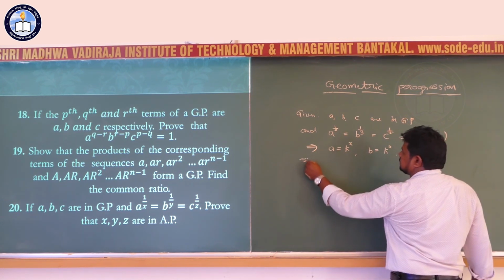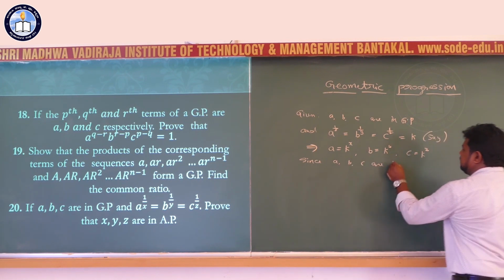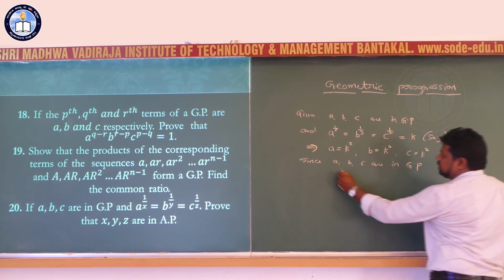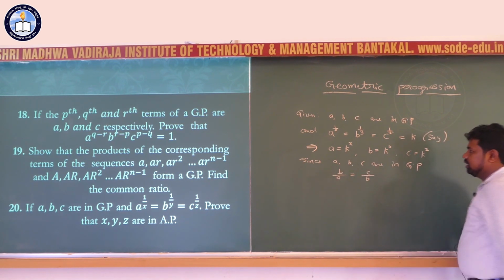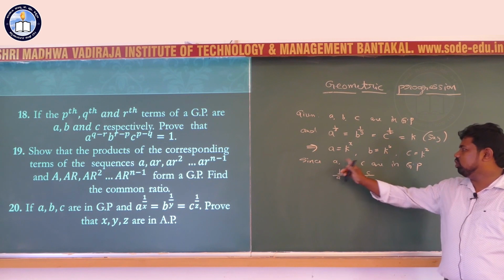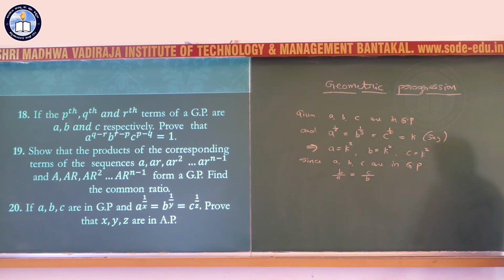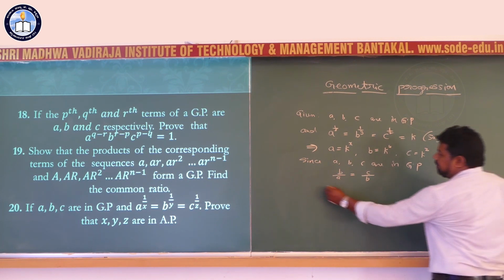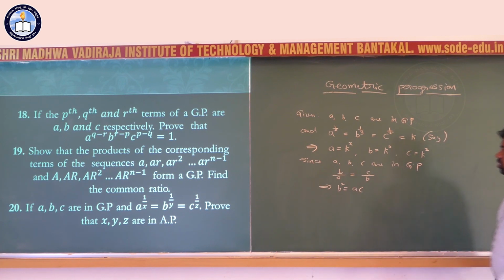Since A, B, C are in geometric progression, B by A equals C by B: second term by first one equals third term by second one, the common ratio. It implies B square equals AC, by cross multiplication.